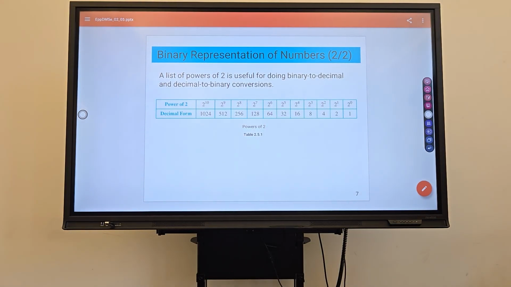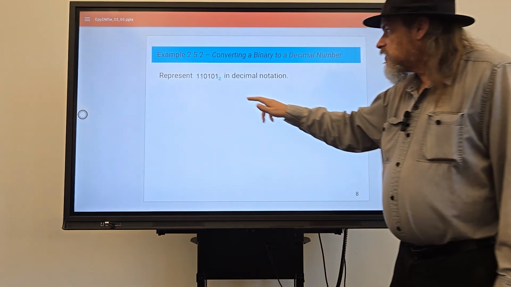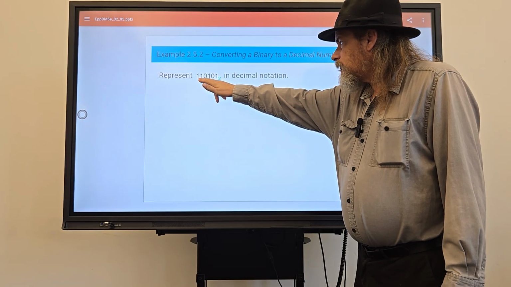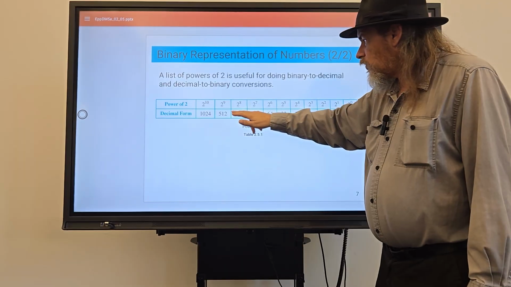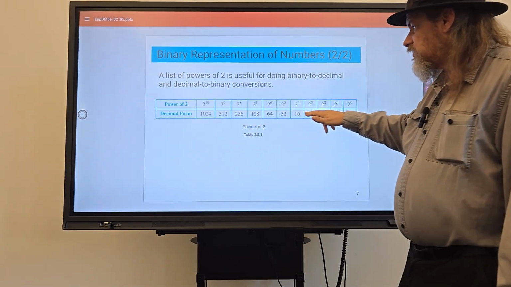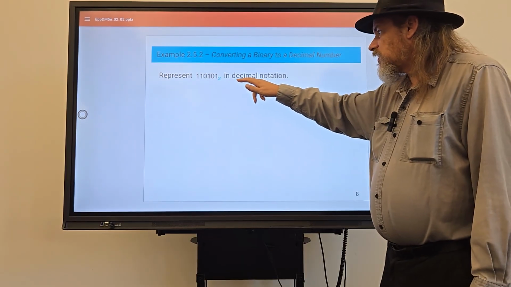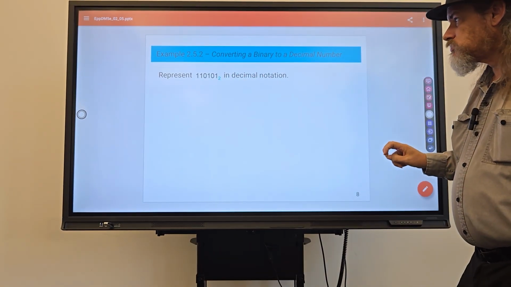So you can convert by multiplying the value of the symbol in each position by its corresponding decimal value for that position, and add them up together to get the decimal value.